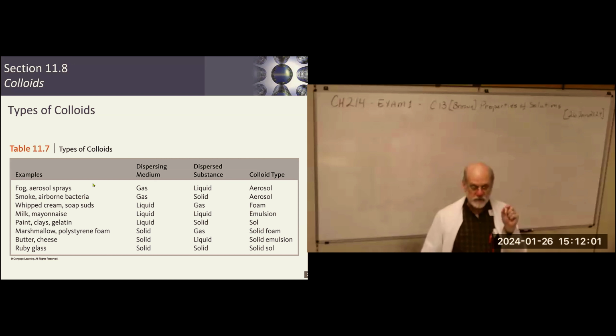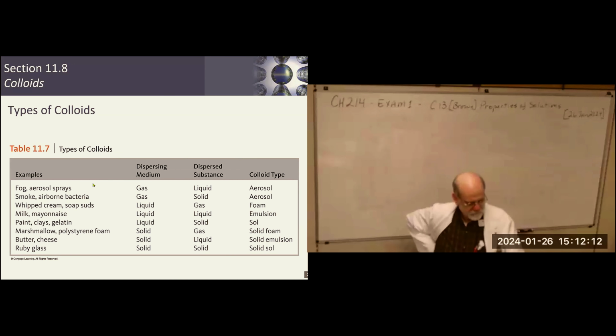But they're so small that they can be suspended by the kinetic energy of the dispersing medium. That's a colloid called an aerosol. Another aerosol is a solid dispersed in a gas. So smokes are aerosols also, airborne bacteria.